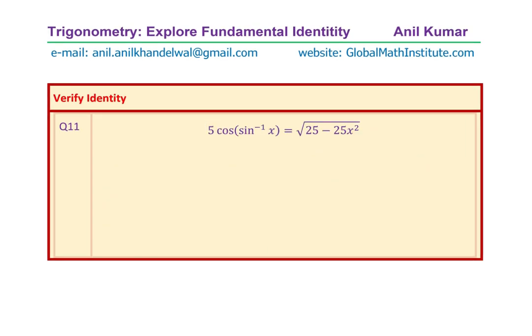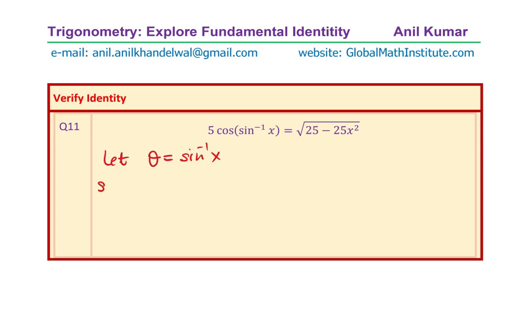Now, similar to this, we have another question, which is 5 cos sine inverse x, right? How do you show that this is equal to the square root of 25 minus 25x squared? This is kind of reverse of what we just did. So, in doing such questions, what you could do is let theta equal sine inverse x.